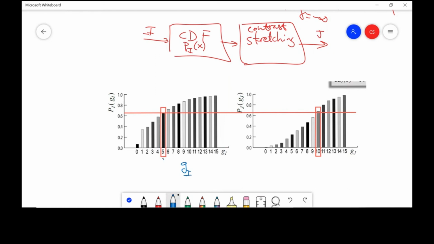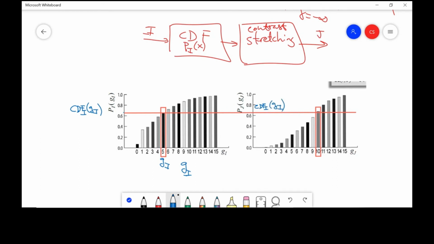Okay, so if this is Gi, what is this value? This value is the CDF of I evaluated at Gi, right? Do you agree with me? And then this value is the same. So this is the CDF of I evaluated at Gi.